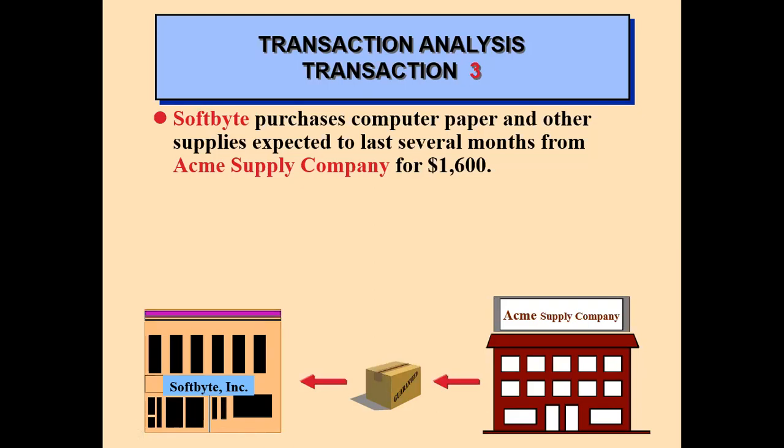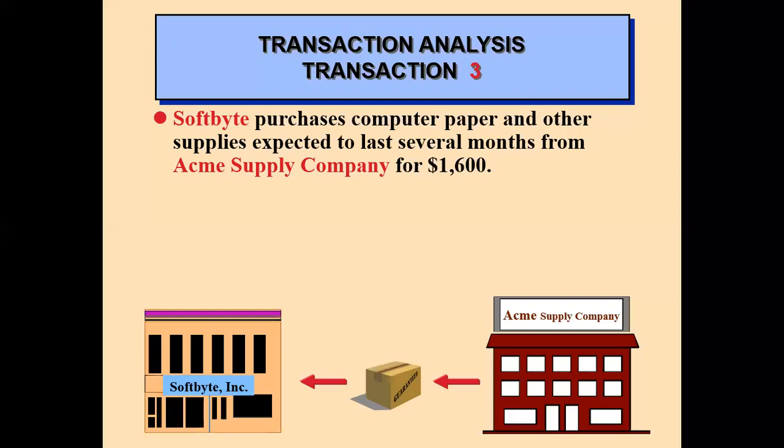Supplies means stationery items or little tools, equipment, this type of thing that will give you benefit for more than your accounting period. Your accounting period here is 1 month, so it will last for several months. So we'll treat these supplies as an asset.